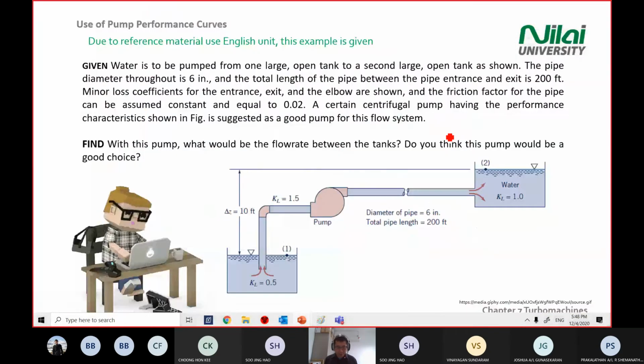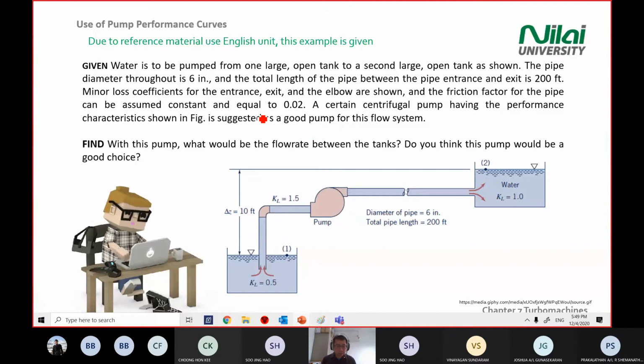So there's also another example in question 14. The example that I have is in imperial unit, which is in feet. The tutorial that I give you is in English unit. However, the concept is still the same, right?